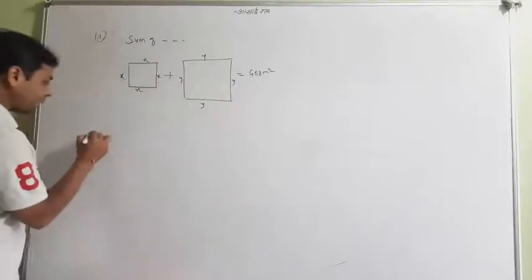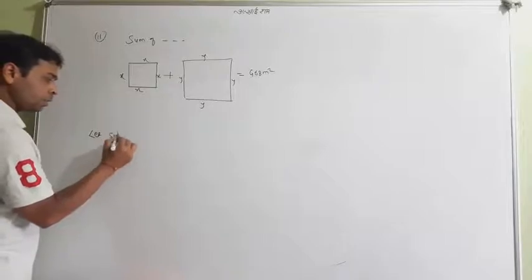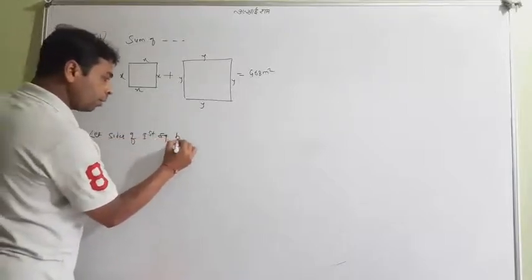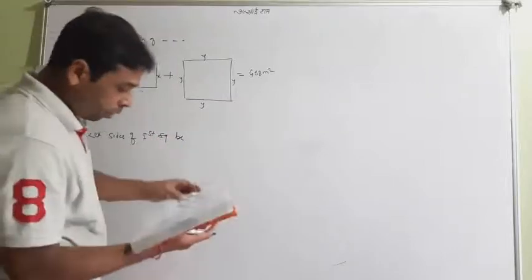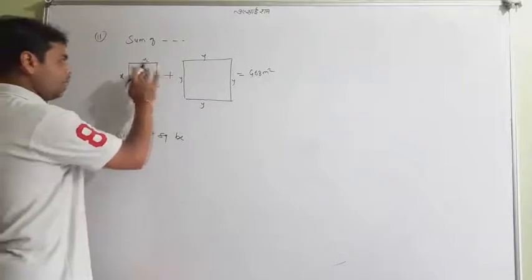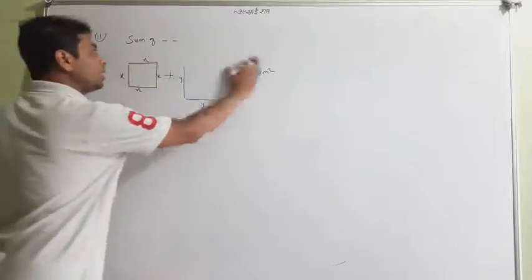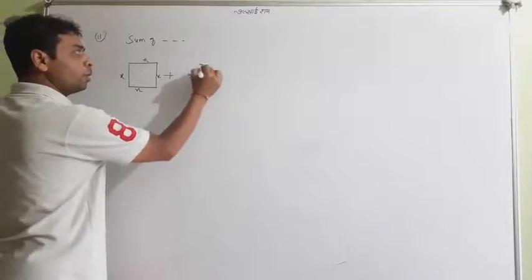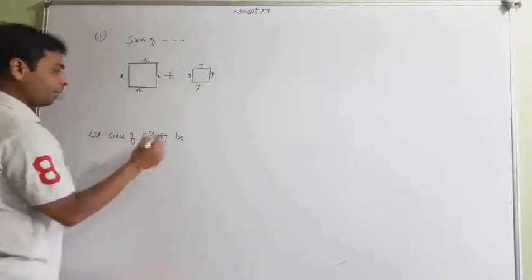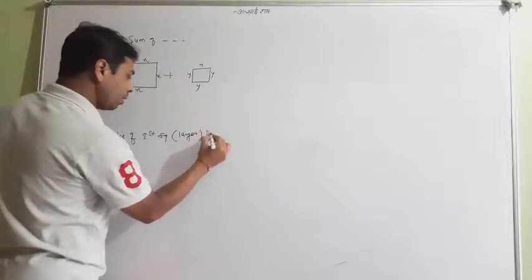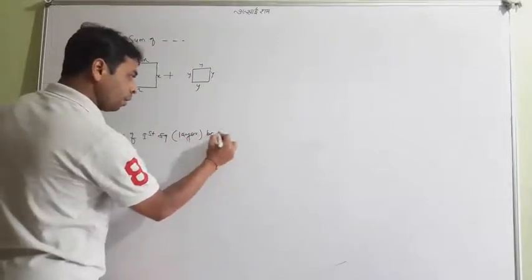So I'll write here, let the side of the first square, suppose it is the bigger one and this is the smaller one. Let the side of the first square, the larger square, be x meter.